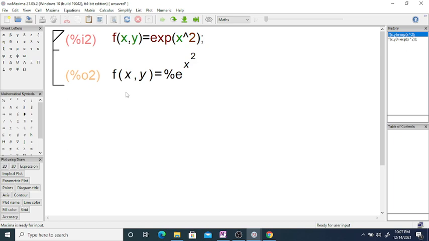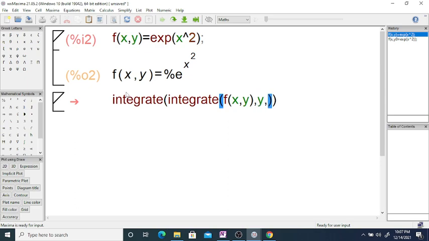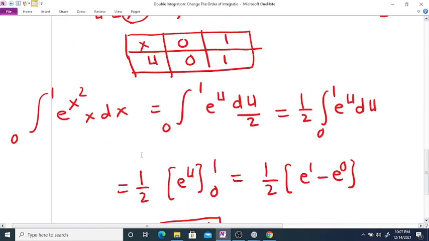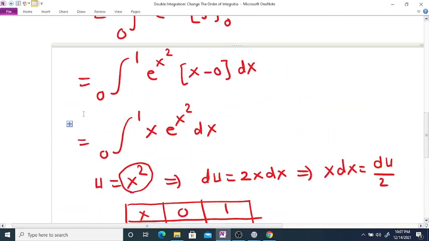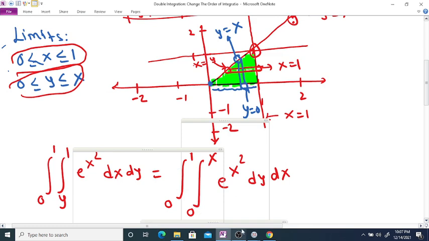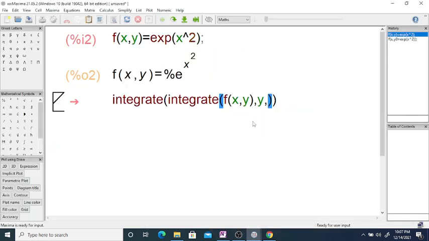Now using the command integrate f of x y, first the limit of y. What is the limit of y? The new limit of y, you can check here, is 0 to x, and the limit of x is from 0 to 1.